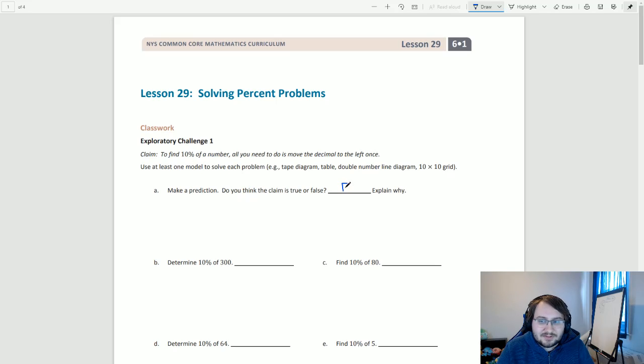I think this is false. Why talk about decimals in the first place? There just doesn't seem to be a reason.